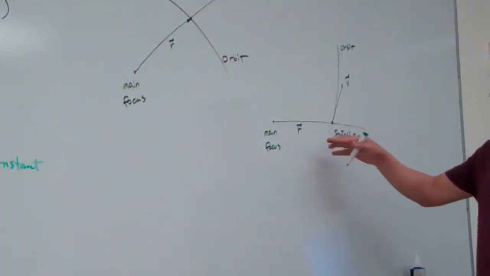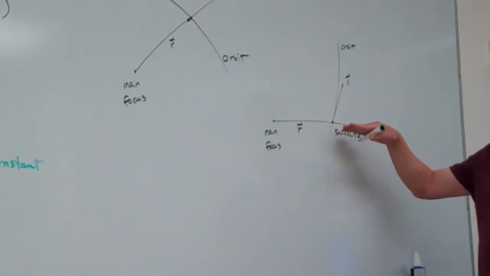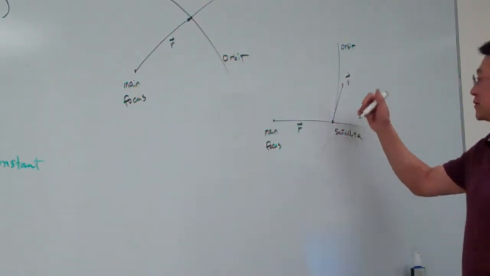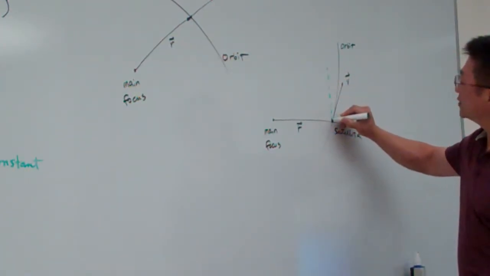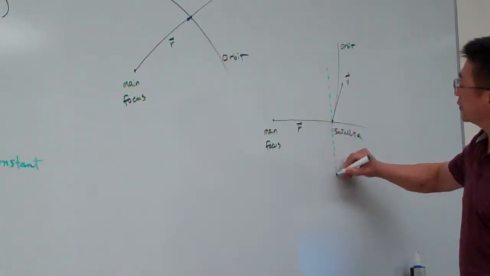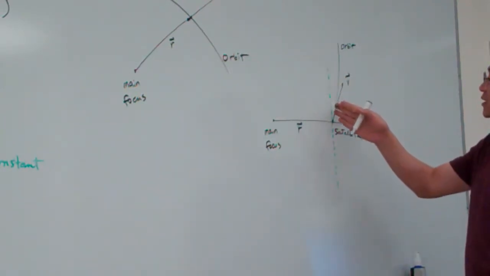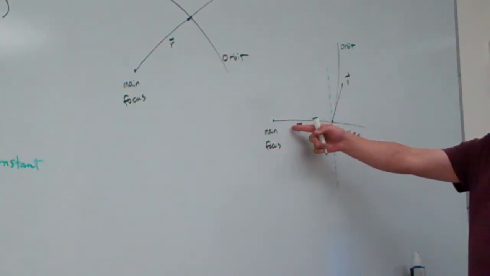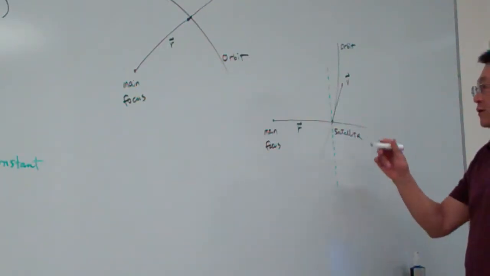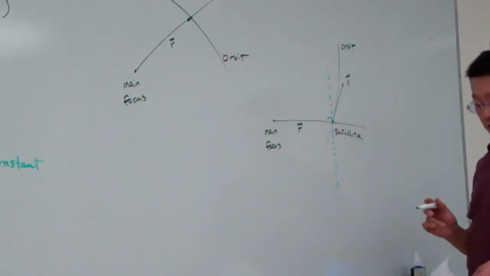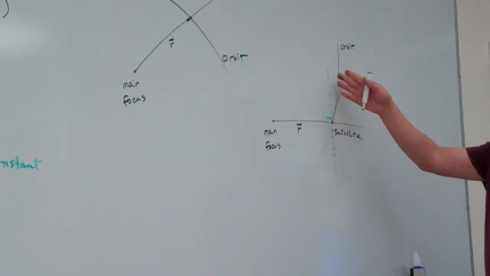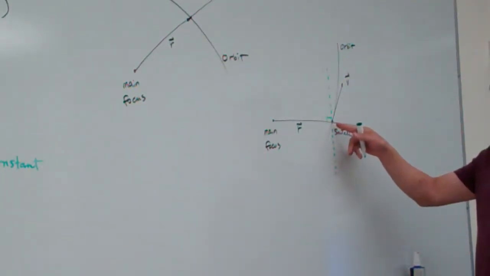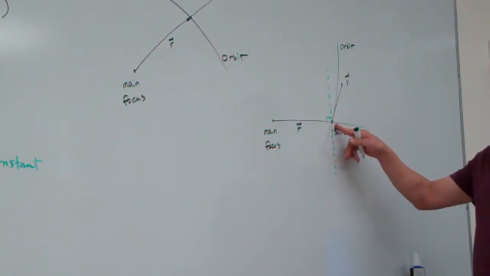Here, normal to the radial direction where the satellite is, I draw a vertical line. Basically, this indicates the direction normal to r. This one is specific, and again that is local, meaning at the moment the satellite is located.